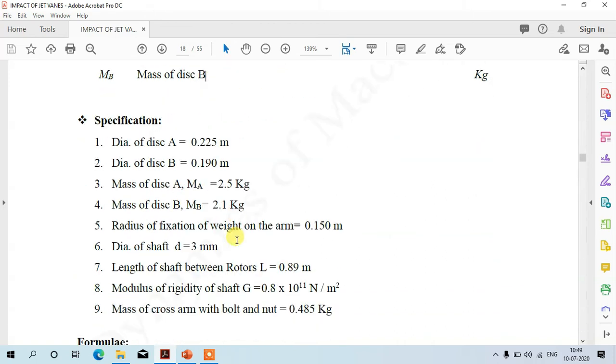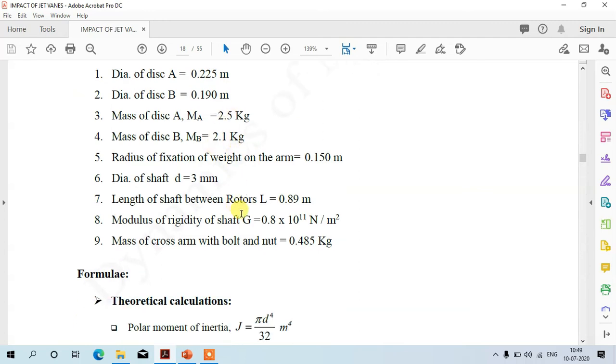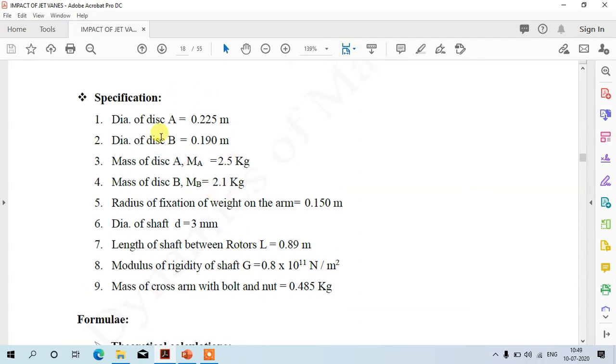Here some sample data, or specification of our apparatus, are shown. The masses of disc A and disc B are given. The radius of fixation of arm is 0.150 meter, which means 15 centimeter. Diameter of the shaft, small d, is 3 mm.